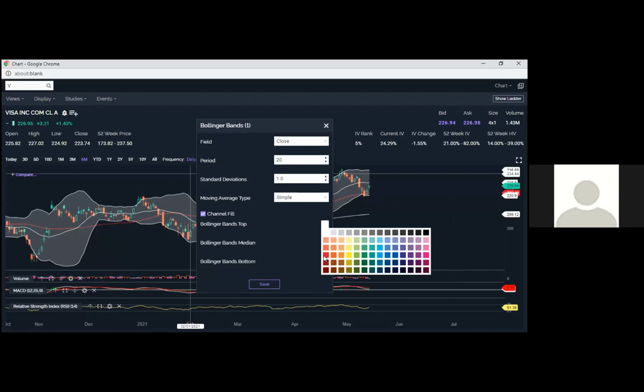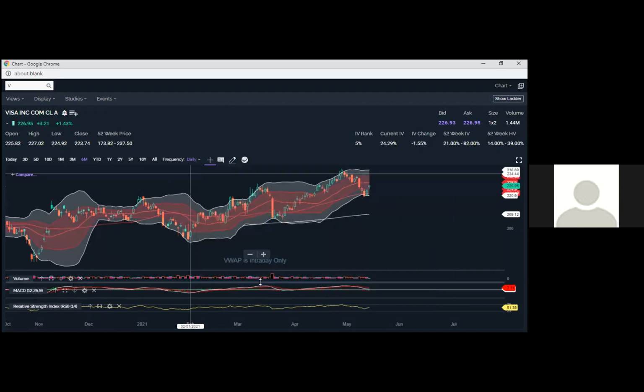You want to change the color of it because you want it to be different than what you currently have. And boom. So if you see here, now we have the 1 standard deviation, which with the 2 standard deviation gives you a more accurate look at the price action of this particular stock.